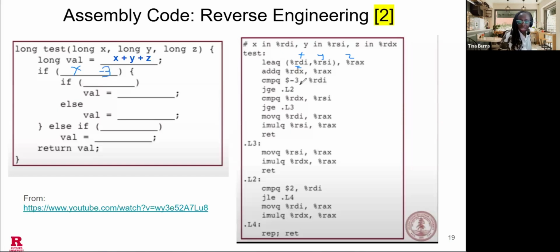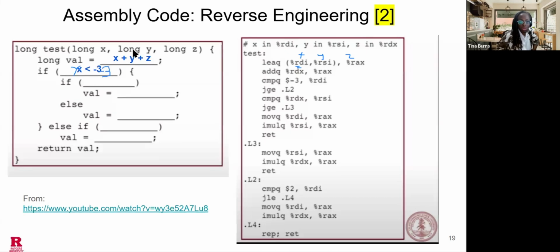The next line tells me what I'm looking for when I do this comparison. So I want to compare X, and I want X to be greater than or equal to -3. Another way to say that is, I'm sorry, X is less than 3.